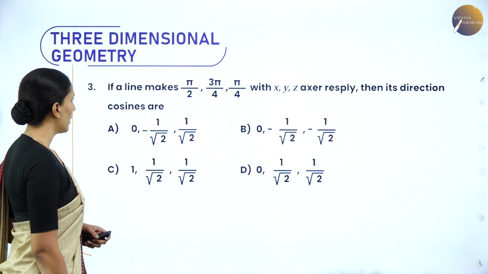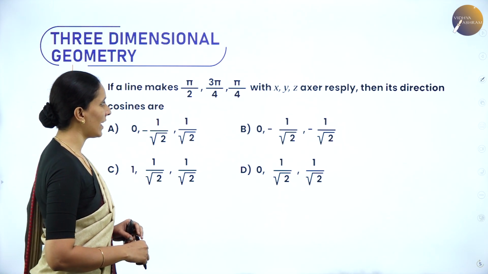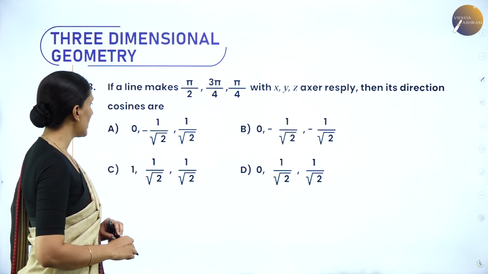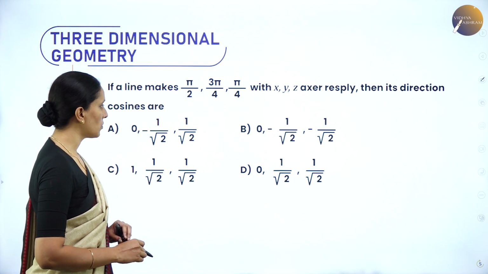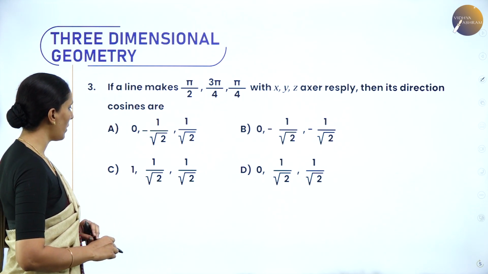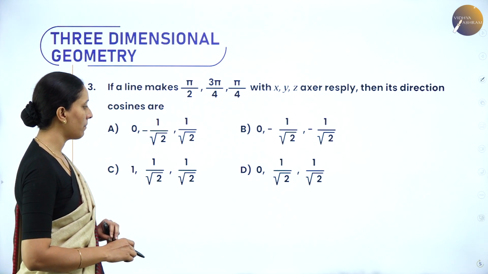Next. If a line makes pi by 2, 3 pi by 4, pi by 4 with x, y, z axes respectively, then its direction cosines are: 0, 1 by root 2, 1 by root 2; 0, minus 1 by root 2, minus 1 by root 2; 1, 1 by root 2, 1 by root 2; 0, 1 by root 2, 1 by root 2.